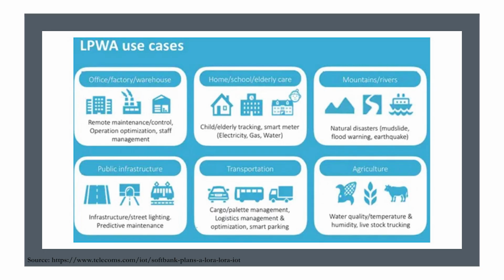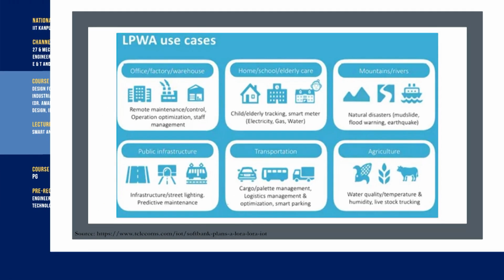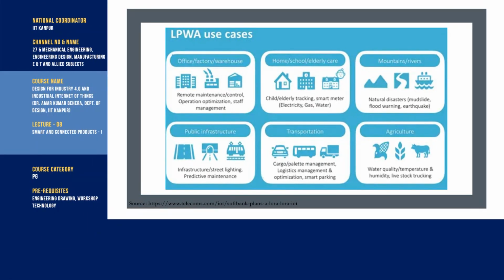For instance, big companies like Reliance may have factory sites that are 2-3 kilometers wide, and for optimizing the logistics within their factory, they may be able to use these low power wide area networks. Also useful in agriculture for monitoring the water quality, temperature of the water, humidity, tracking of livestock, etc. So, various application use cases.